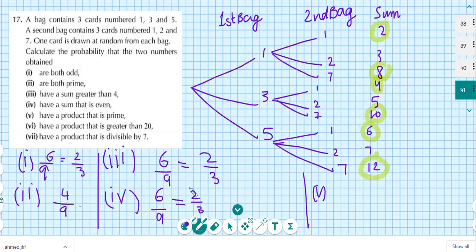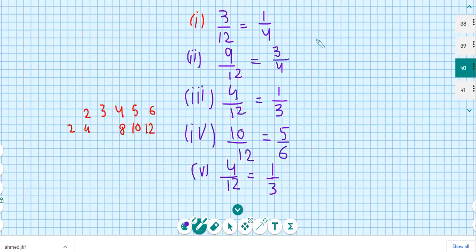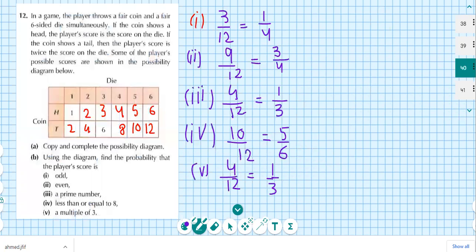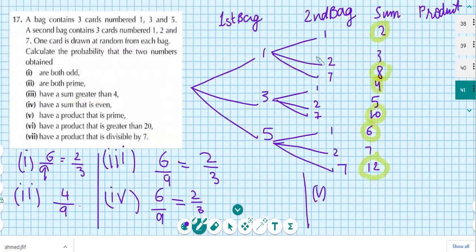Have a product that is greater than 20. So I'm finding the product here. The product of 1 into 1 is 1, then 1 into 2 is 2, 1 into 7 is 7, 3 into 1 is 3, 3 twos are 6, 3 sevens are 21, then 5 into 1 is 5, 5 twos are 10, and 5 sevens are 35.